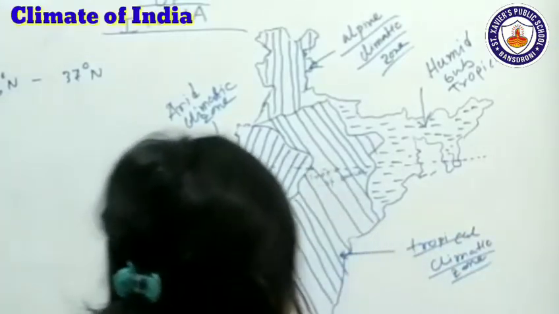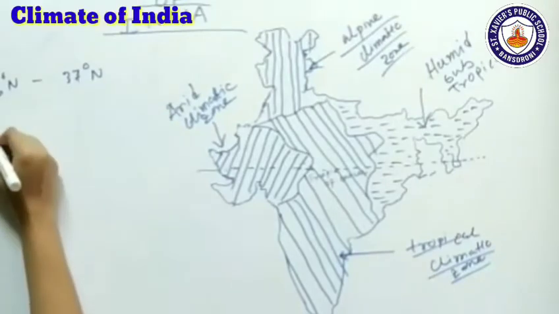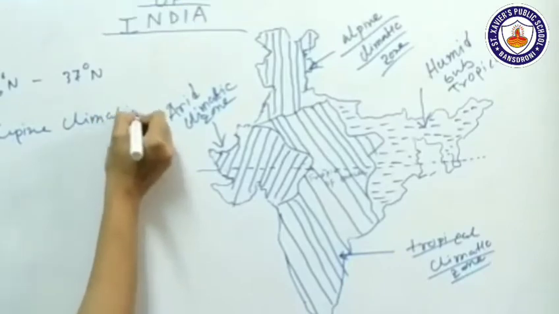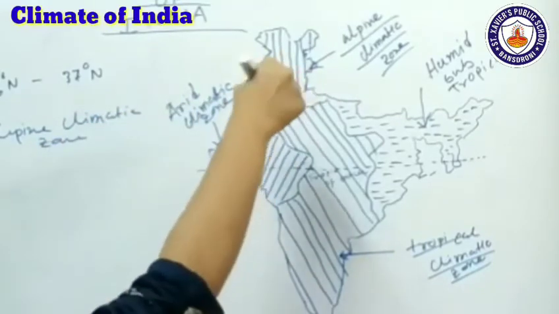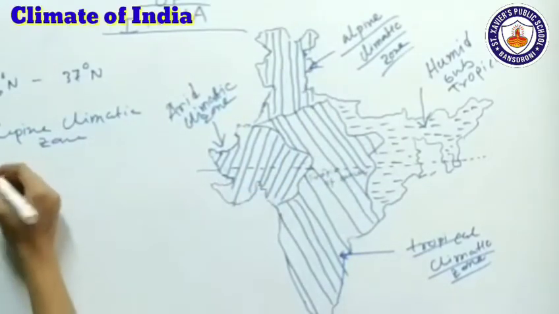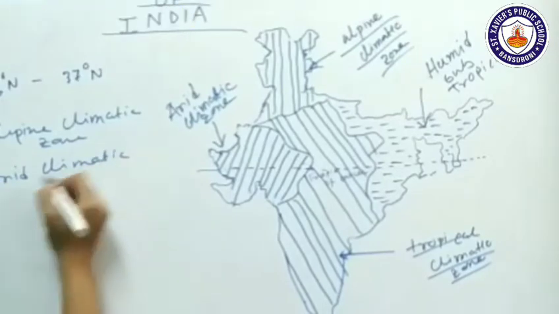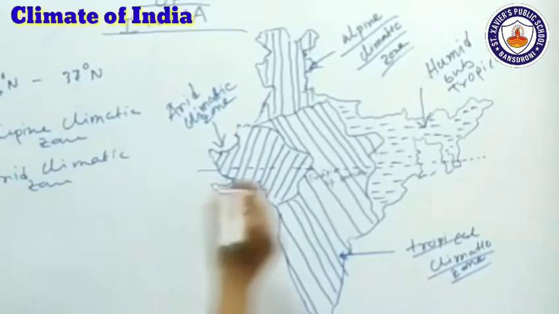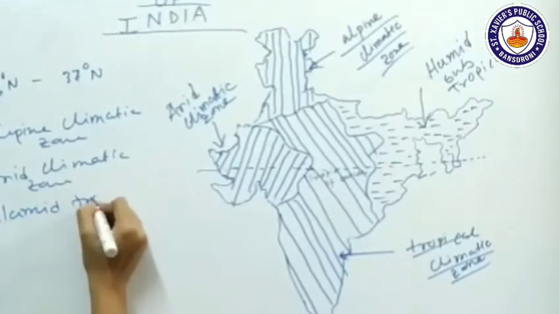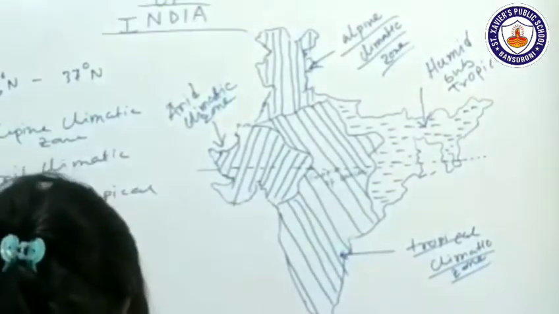So, what are the major climatic zones of India? Number one is the Alpine climatic zone, which covers the northern portion of the Indian continent. The western part is known as the arid climatic zone. Third one is the humid subtropical, which covers the eastern portion of the continent.